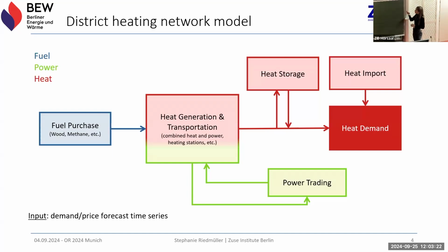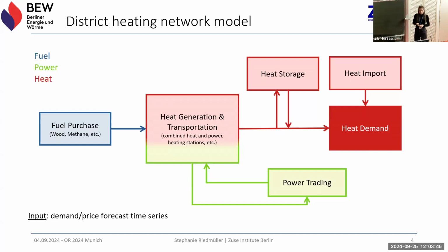And the main goal is to fulfill a heat demand. We can furthermore store heat if we cannot produce too much energy. And to make the whole system feasible, we even have a heat import, but we don't want to use heat import.